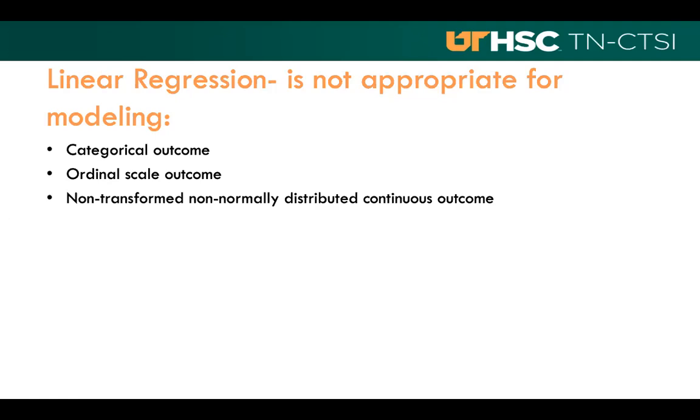So we said the assumptions of the linear regression is that the outcome variable has to be a continuous variable. The continuous variables are like blood pressure, cholesterol levels, age, the dose of medication that are given to patients. So those are continuous variables.